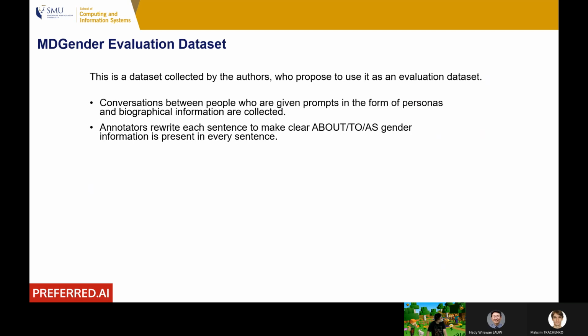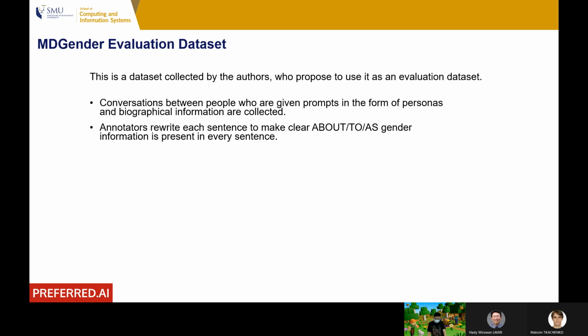They collected it through two steps. They first collect conversations between people, I think crowd workers. They're given prompts in the form of personas and biographical information, and they're asked to have a conversation.